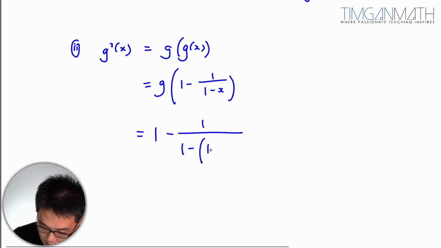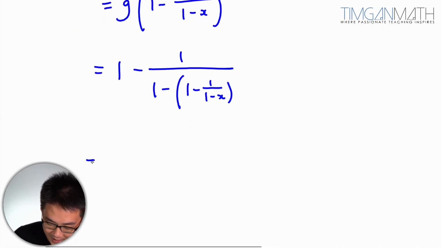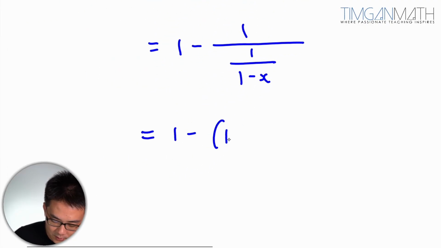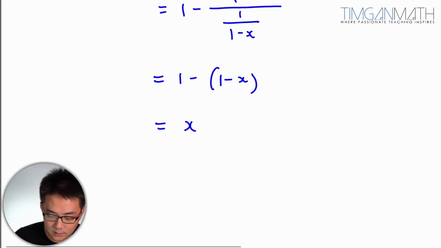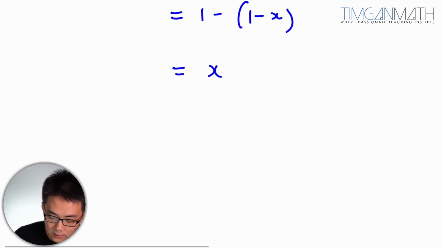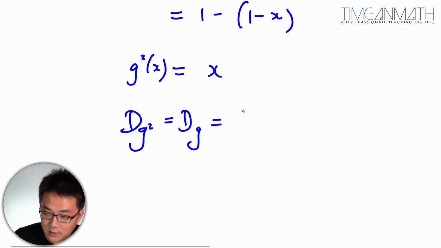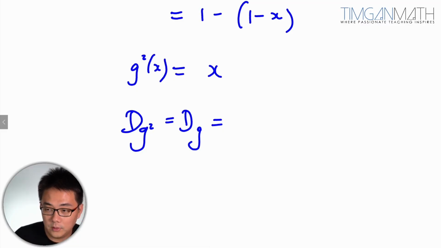So this would be 1 minus x, after which we get 1 minus x, and this will just be x. Okay, so g squared of x. The domain of g squared will just be the domain of the first function, which is g. So we're just going to write this as x real values without 1.